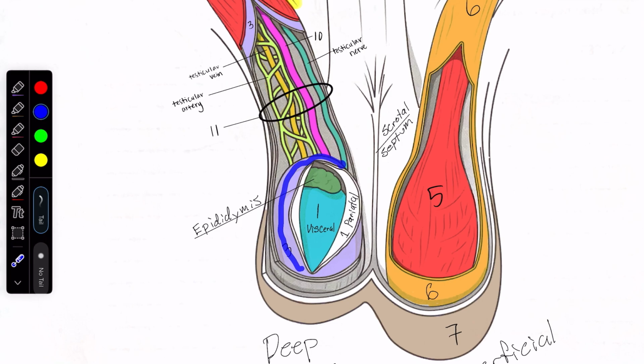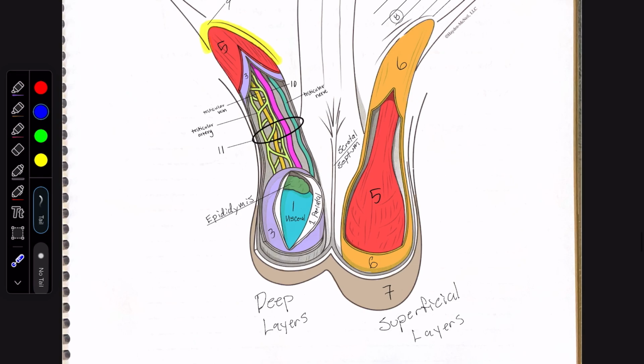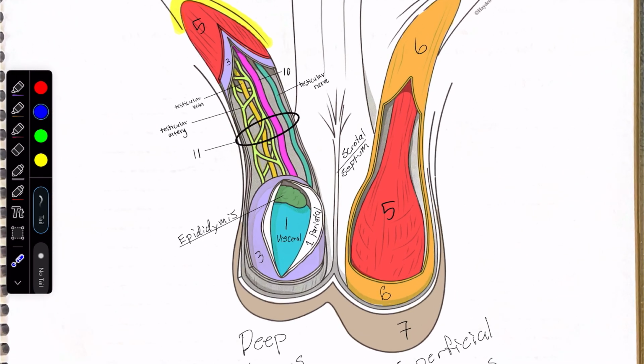So this is just a layer of fascia. 4, it doesn't change, is going to be transversus abdominis. 5, we see changes, and it's the transversus abdominis muscle that turns into your cremaster muscle.